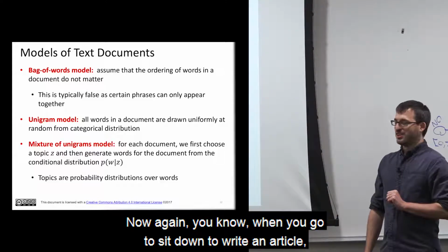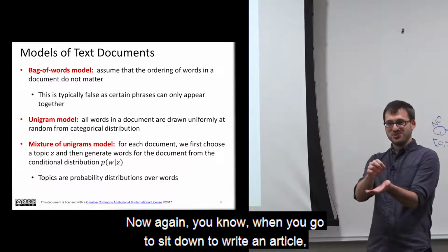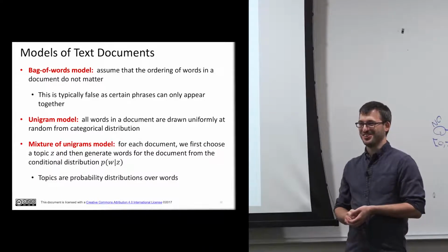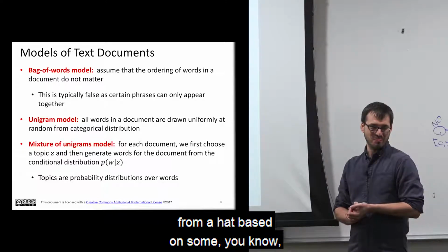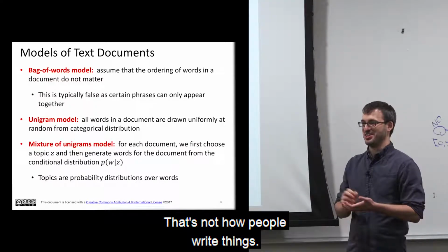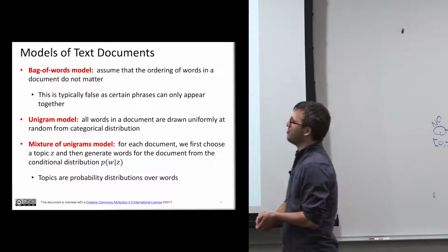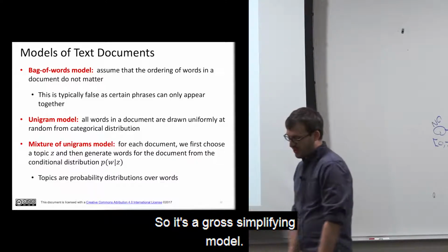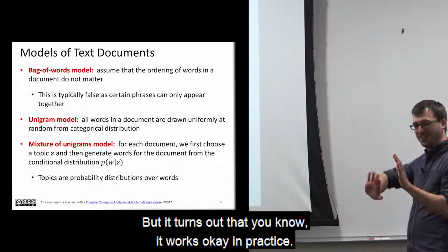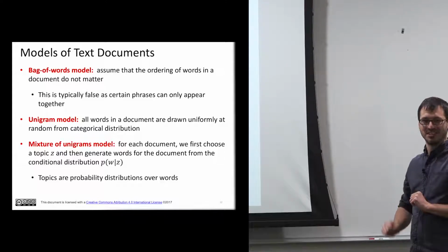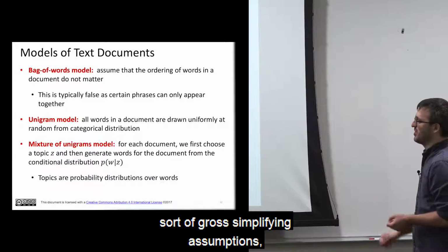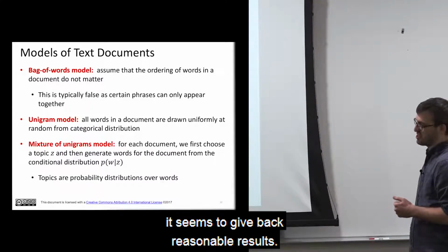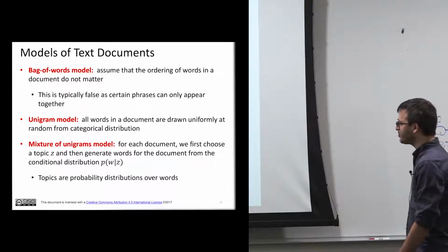Now, again, when you sit down to write an article, the next word you pick is not just drawn randomly from a hat based on some probability distribution. That's not how people write things. So it's a gross simplifying model, but it turns out that it works okay in practice. When we put it all together, although these are gross simplifying assumptions, it seems to give back reasonable results.